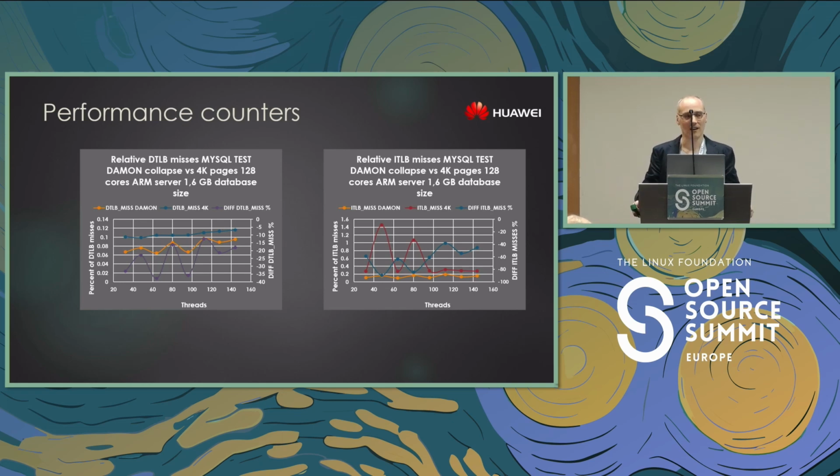What we did is, during the attachment of a process to a C group, we apply the policy for that C group, so it will collapse and so on. When you detach, the slots that were added to the K-thread for collapsing remain there.